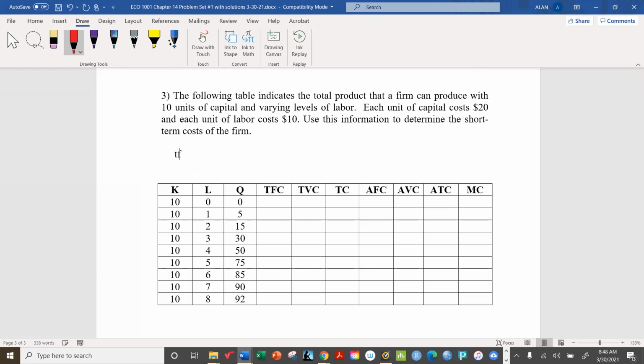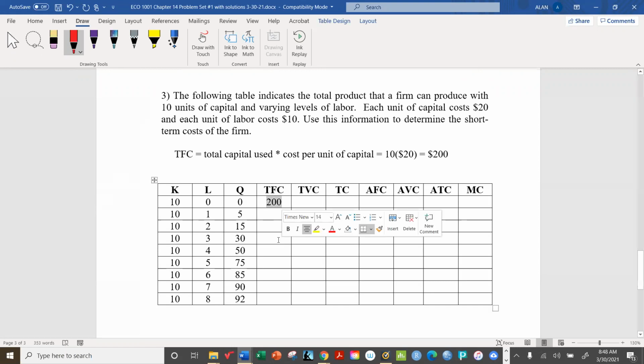Total fixed cost equals the total capital used times the cost per unit of capital, which is 10 times 20, which is $200. Okay, so that's the explanation for where this is coming from. So you literally just copy 200 into each row here.